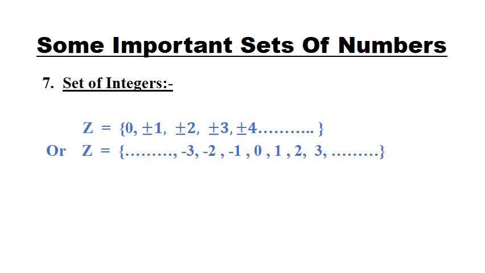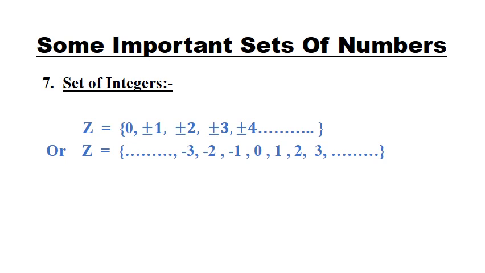Now, we are going to discuss such an important set, which is the set of integers. The set of integers is denoted as capital Z. It has a 0, and then it has all the positive numbers, that is 1, 2, 3, 4, 5 and so on.